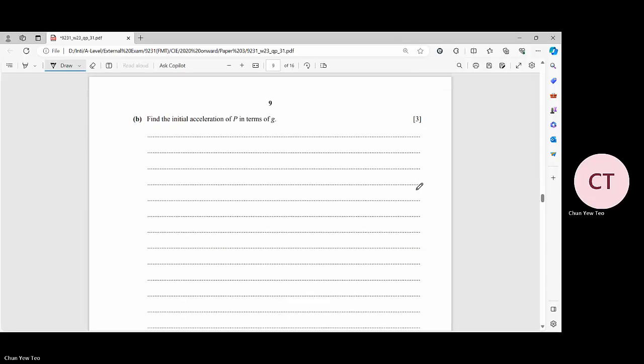Move on to part b. Find the initial acceleration of P in terms of g. The initial acceleration means you have to go back to the diagram. Initially they are symmetrical, this angle and this angle are the same. We already know that L is 10a. Then this one, we cut into half, you have 6a here.